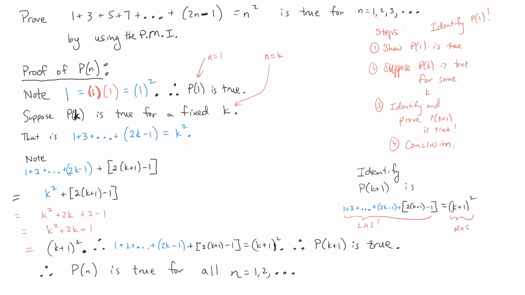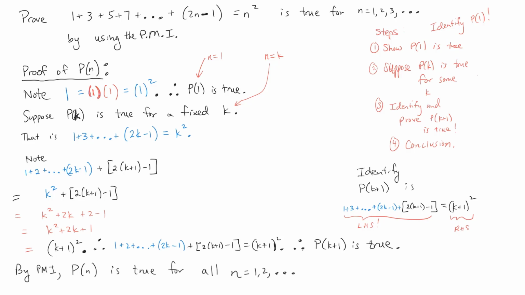I should say by what principle? By the principle of mathematical induction, P of n is true for all n equals 1, 2, dot dot dot.